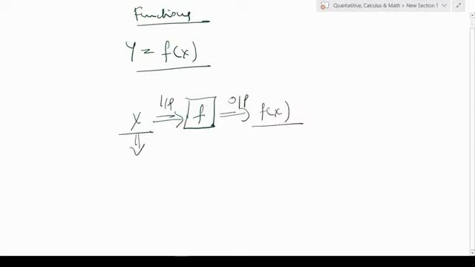So when we are talking about x, what are we talking about? It's the independent variable. Usually in macroeconomics, we talk about exogenous variables, which are outside the model. And here y is the dependent variable.